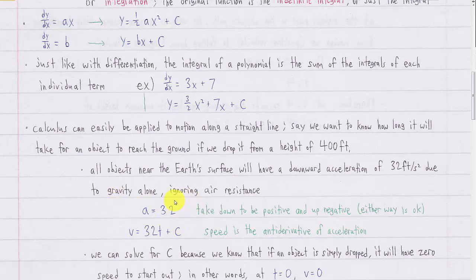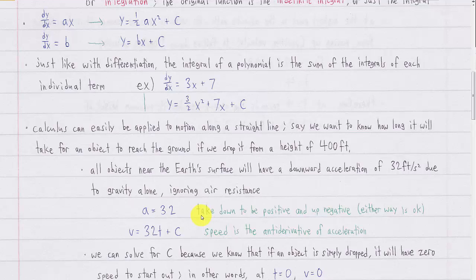So from the acceleration, we find the speed function. Acceleration is the derivative of speed, so to get speed from acceleration, we integrate it. This is just a constant, so to integrate, we just add the independent variable. So we get 32t plus c. Now we can solve for the c if we know something about the object at the initial time.